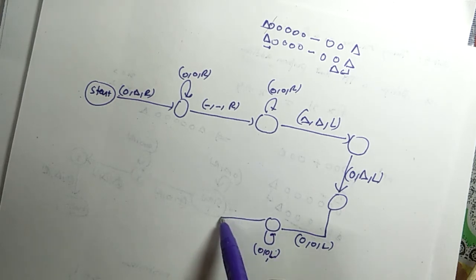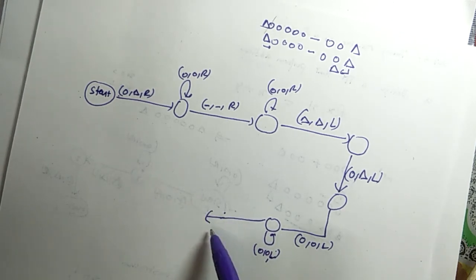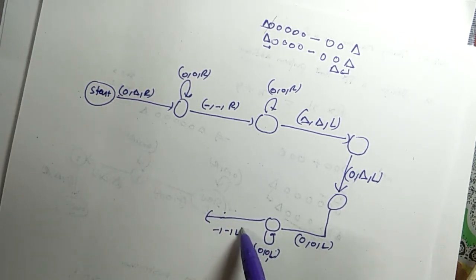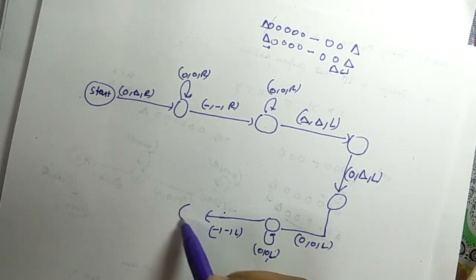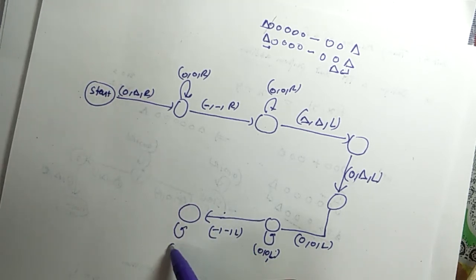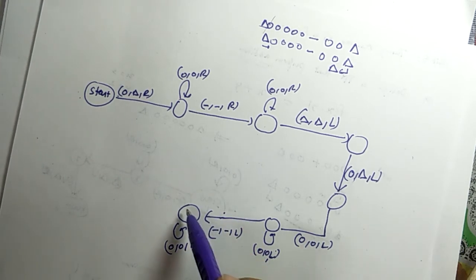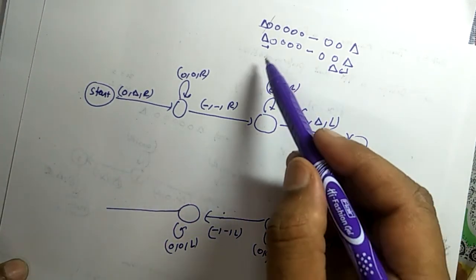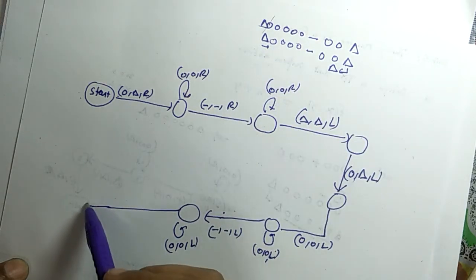then we will get minus, leaving it, move to left, then we will get some more zeros, leaving them and move to left, then we will get the blank from this side.